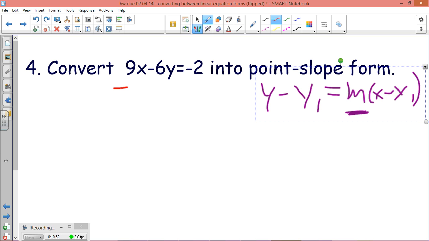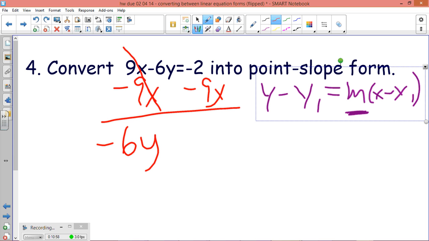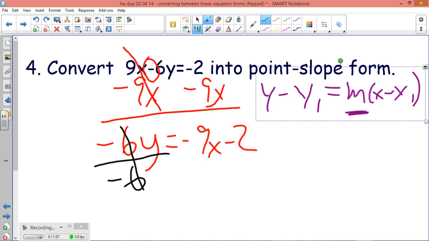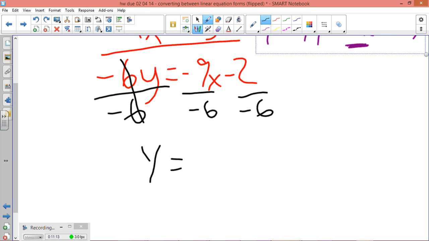First thing I do, minus 9x on both sides. I get negative 6y, notice the negative sign again, equals negative 9x minus 2. I am then going to divide both sides by negative 6. And here's what I get. Y is equal to negative 9 divided by negative 6, which is positive, and they have a common factor of 3, which I'm going to divide out.